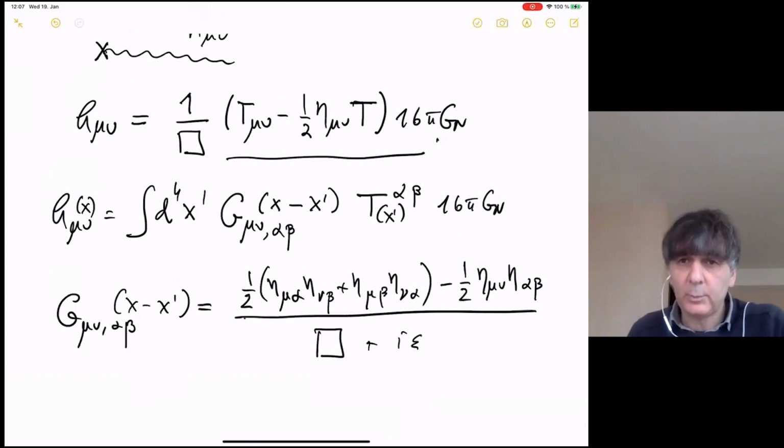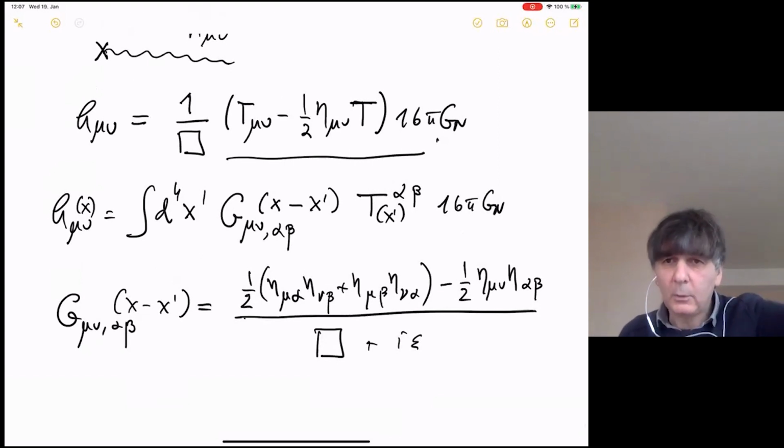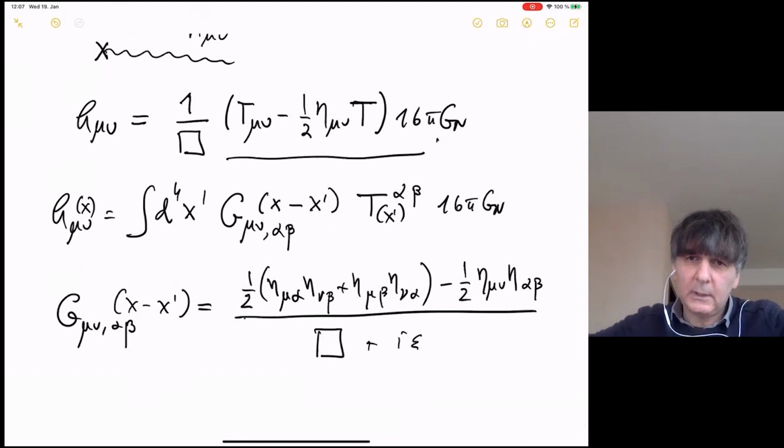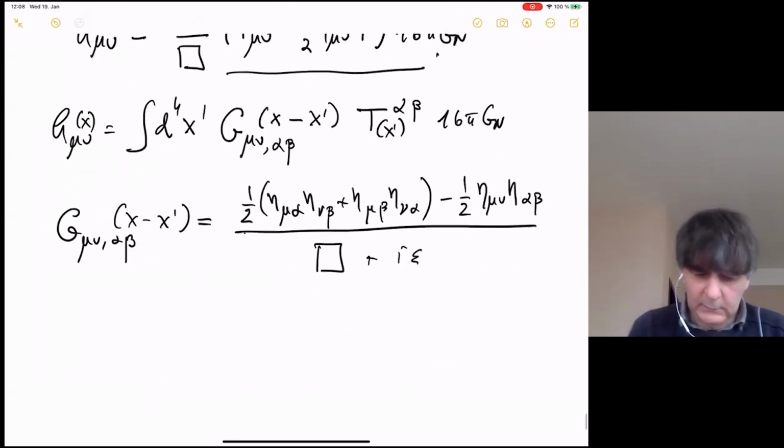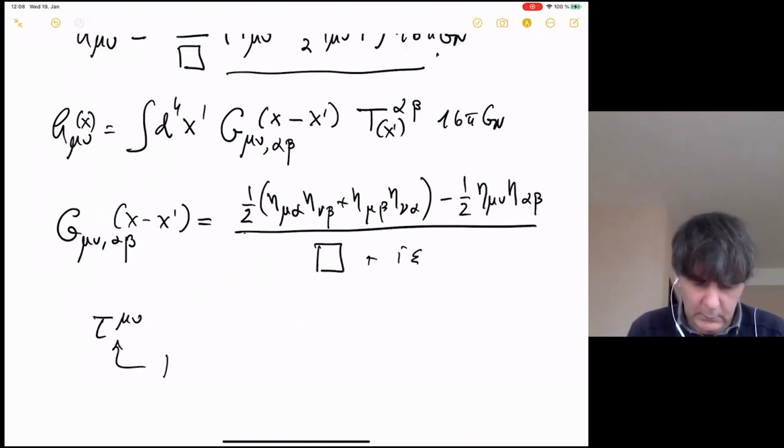For example, the source could be some heavy object, let's say a sun or a star, and we want to understand how this influences the propagation of a planet with smaller mass, which we can treat as a probe. So we can introduce an additional energy momentum tensor, of a probe, let me call it tau mu nu. Okay, so this is a probe.